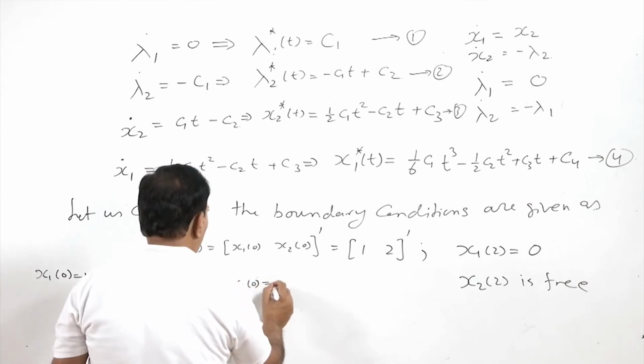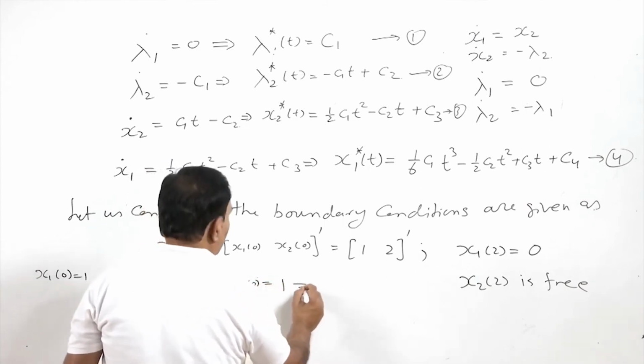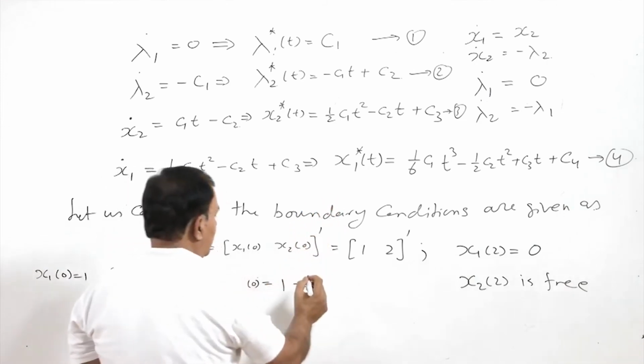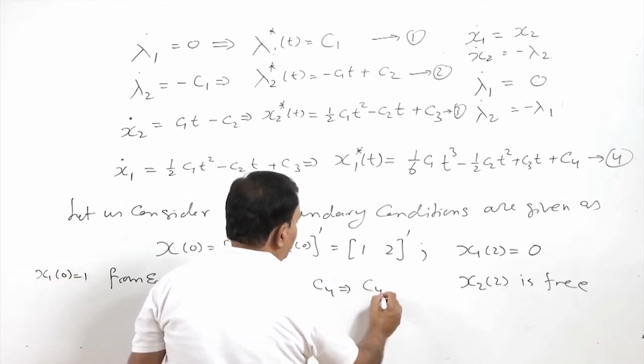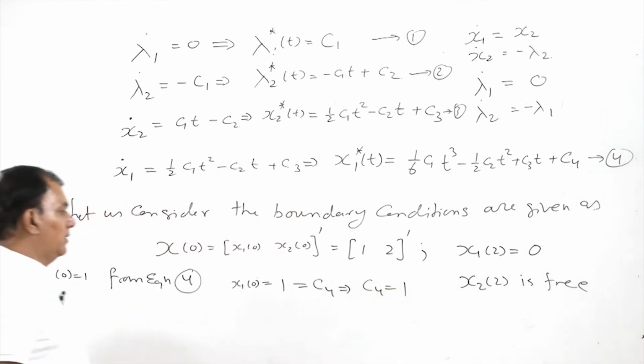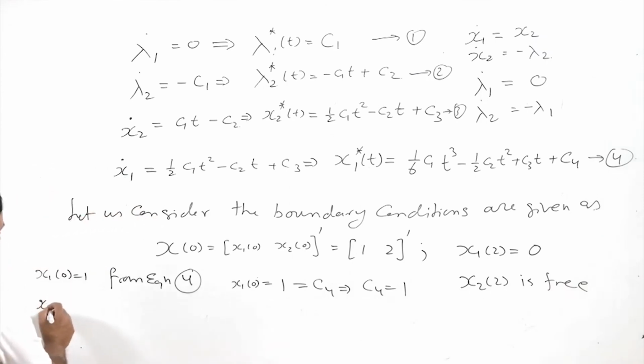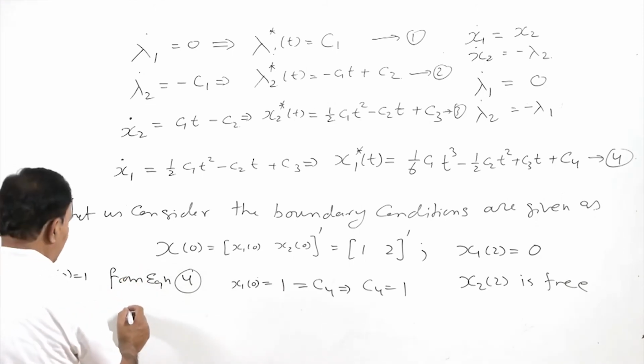x1(0) equal to 1, and this at t equal to 0 is nothing but my C4. This implies C4 equal to 1. Now, x2(0) equal to 2, we can take equation 3.